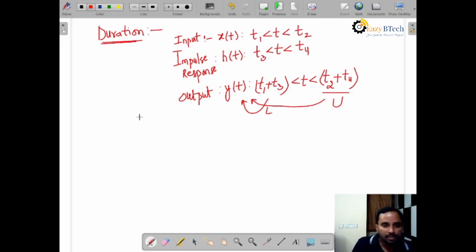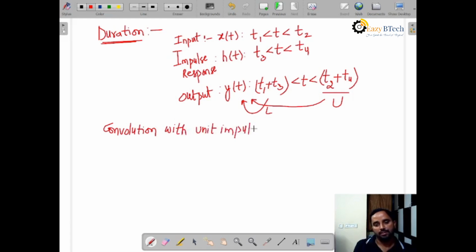Okay. Next, one more we discuss, convolution with unit impulse. Unit impulse means del of t.